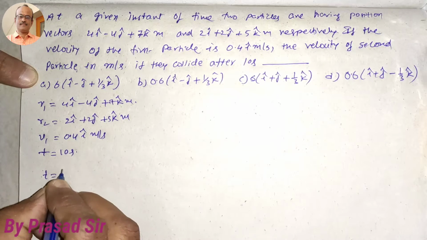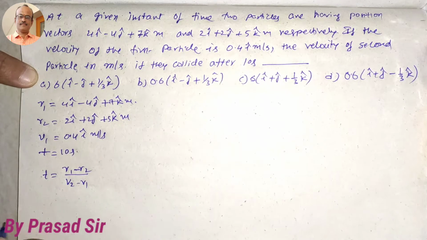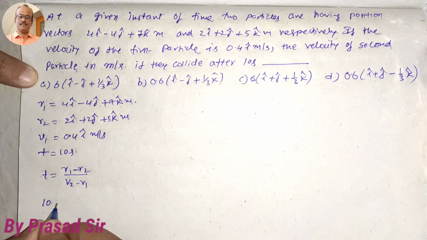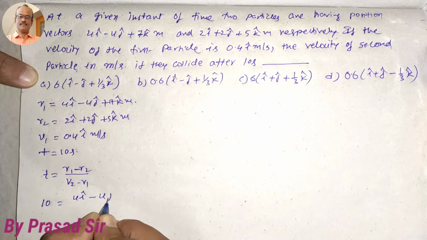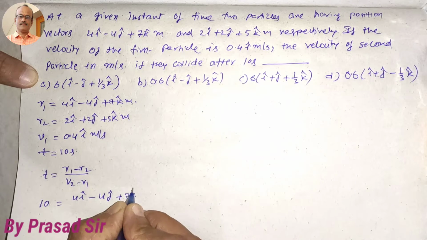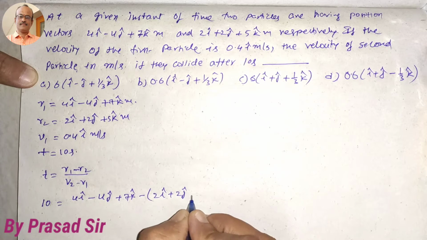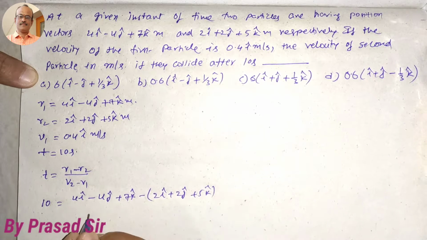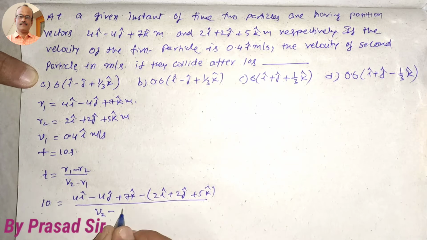So that means t is equal to (r1 minus r2) divided by (v2 minus v1). So here time t = 10 is equal to r1 minus r2, that is 4i cap minus 4j cap plus 7k cap minus 2i cap plus 2j cap plus 5k cap, divided by v2 minus v1, which is v2 minus 0.4 i cap.